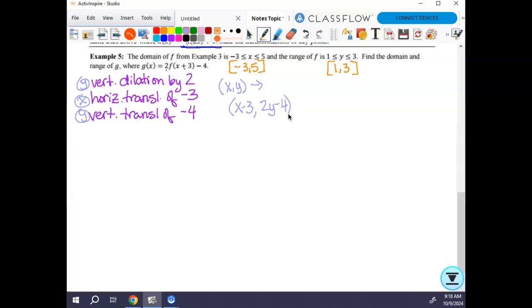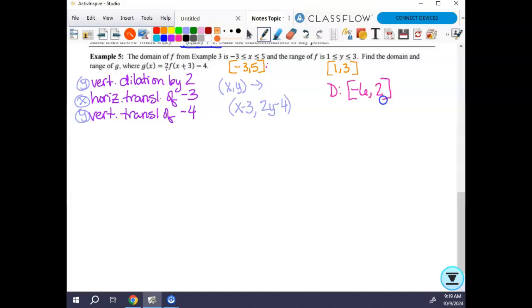All we have to do is this. My domain, now this was my original domain right here. I know for every x value, it gets shifted to the left. So I have to subtract 3 from all my x's, which means this is going to be -3 minus 3, which is -6. And 5 minus 3, which is 2.